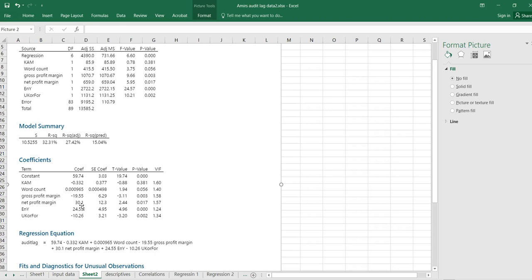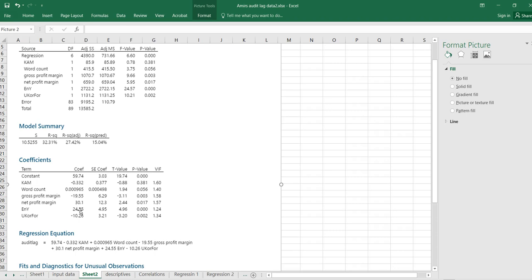And the puzzling one is the net profit margin, because this is saying that the higher the net profit margin, then the longer the audit lag. So that's a real little puzzle that we've got there. Then, as I was saying earlier, I put in all the auditors one by one to see if they played a significant part, and none of them did except for Ernst & Young, and it would appear that if Ernst & Young are in an audit, they take rather longer.